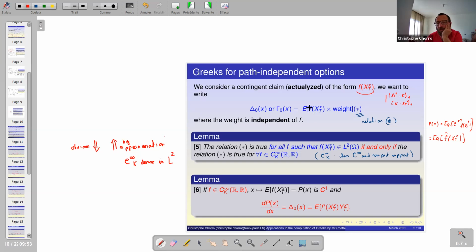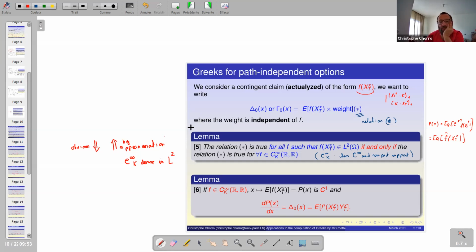If I have it for very regular payoffs, passing to the limit, I will be able to extend it to less regular ones. I won't enter into too much detail here because it will be one question in the project I will give to you. So if I want to prove this, according to lemma 5, I can restrict myself to very regular payoffs, in the sense that I can restrict myself to the case where small f is of class C infinity with compact support.